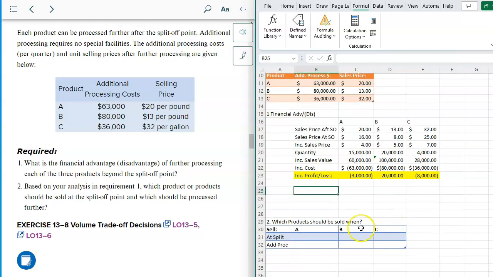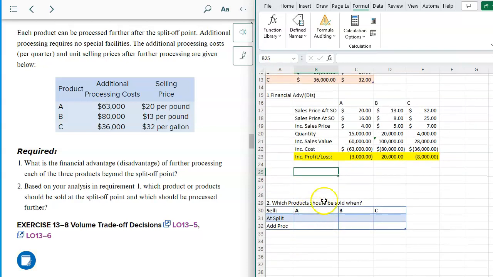So taking us down to part 2 of that question is, which product should be sold when? Product A, do we sell that at split? Or do we sell that after additional processing? Sorry, my abbreviations are not great, but it keeps it a little easier to read. So A, obviously we want to sell at the split because we're down $3,000.